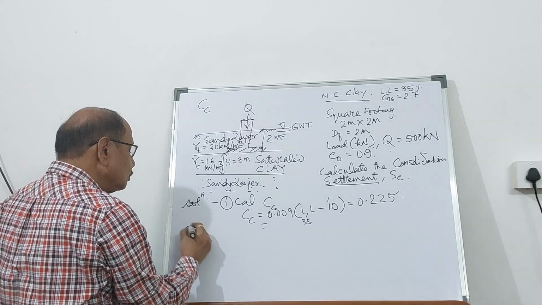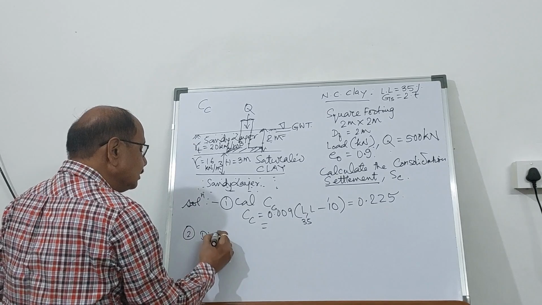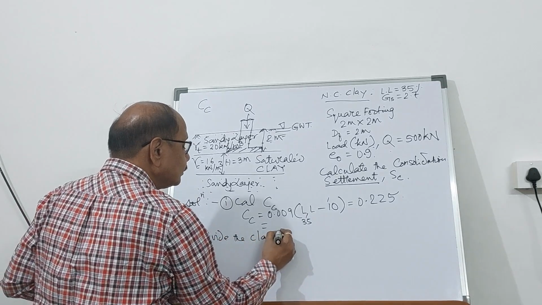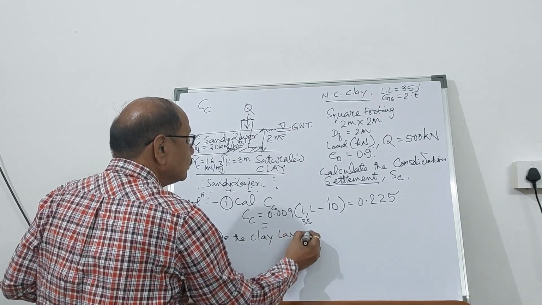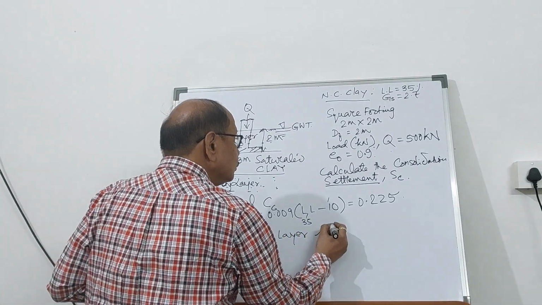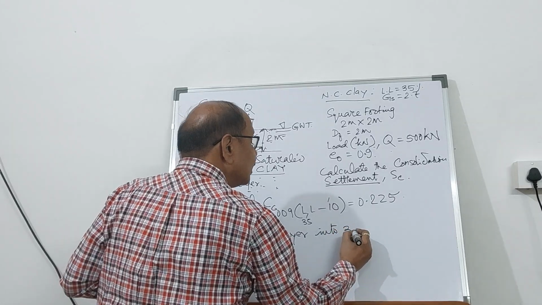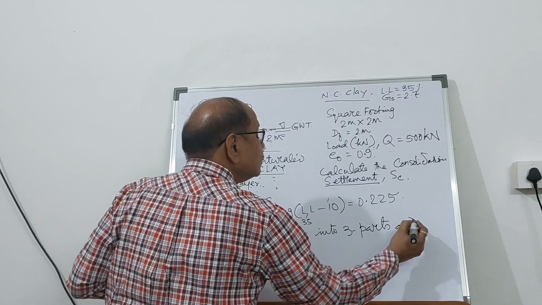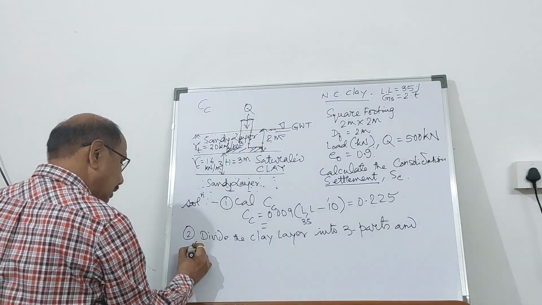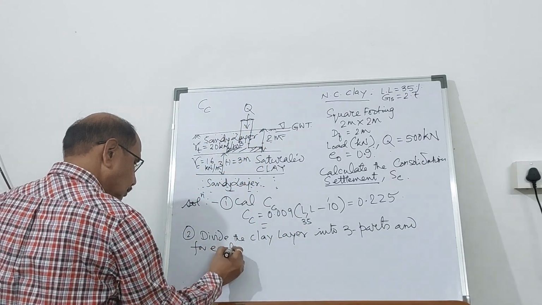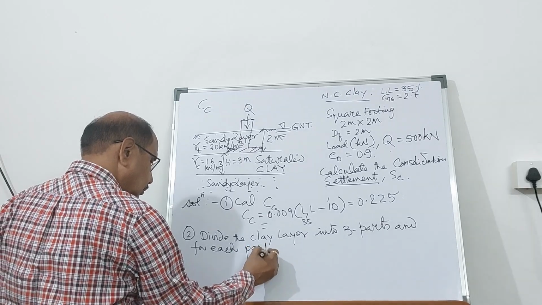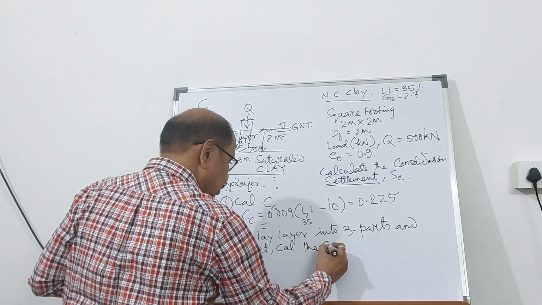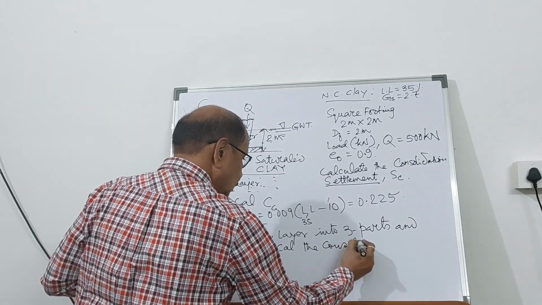So step 2, divide the clay layer into 3 parts, and for each part calculate the consolidation settlement.